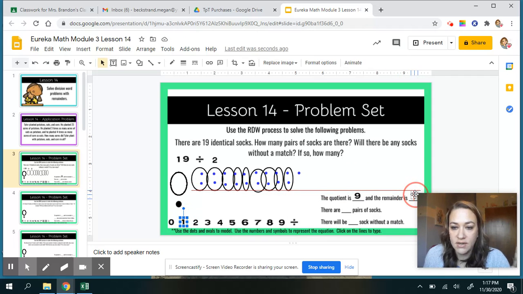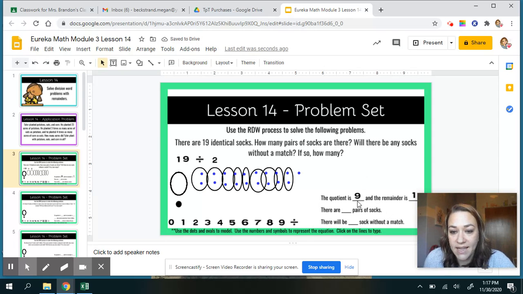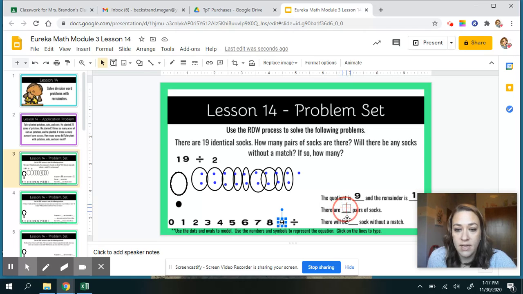So when we're working with division, the remainder is whatever's left over; I couldn't make a group of 2. That means there is 1. My answer is 9, remainder 1. There are 9 pairs of socks, and there will be 1 sock without a match. That's what that should look like when you are doing yours. I took my 19, broke them into groups of 2, and was able to make 9 equal groups. That's my answer, and there was 1 left, which is my remainder.